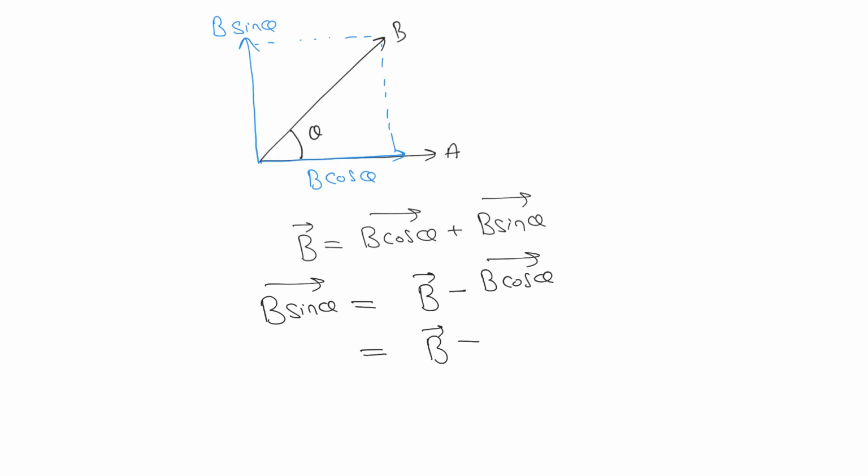We just derived it, so we can put that value over here: A vector dot B vector divided by magnitude of A square into A vector. So B sin theta vector will be equal to B vector minus this.